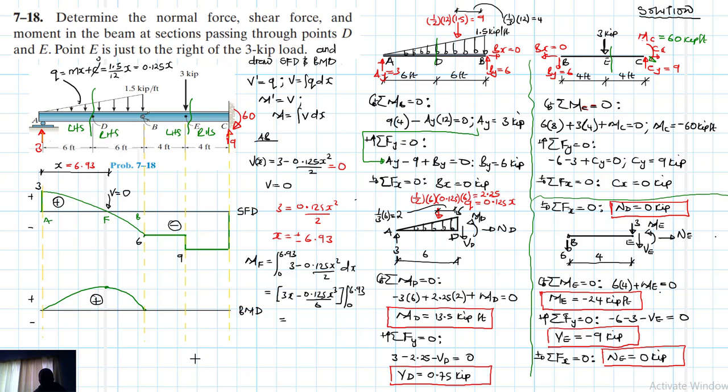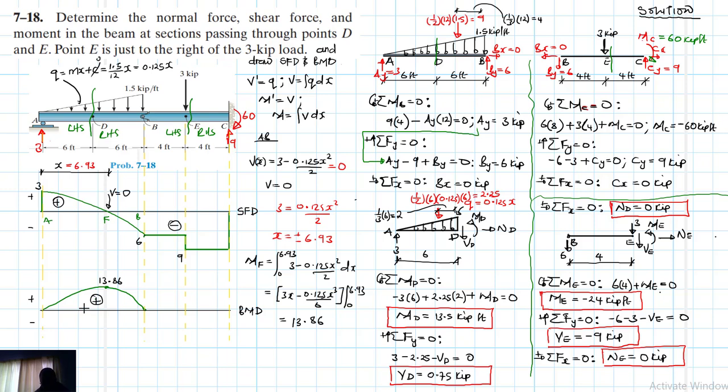What is the value? Just plug in that value there. So you have 3 times 6.93 minus 0.125 times 6.93 cubed divided by 6. So we have 13.86.